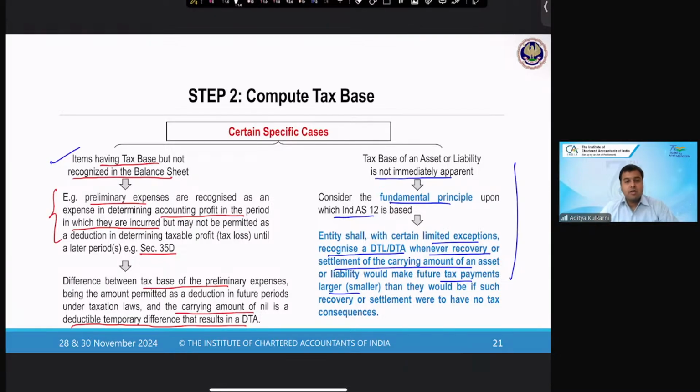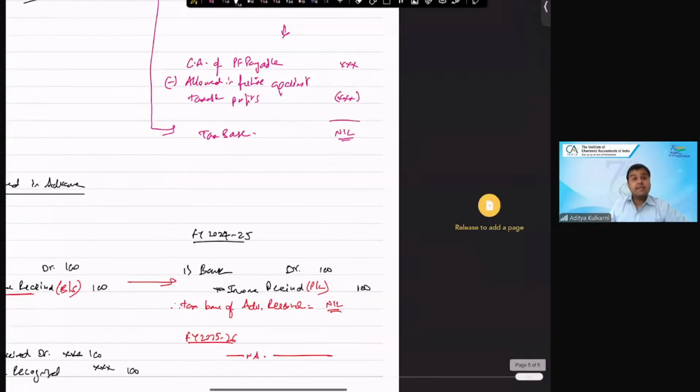Coming next to certain specific cases of tax base. Now, there could be certain items where there is a tax base, but there is no carrying amount. Sir, how can that be?